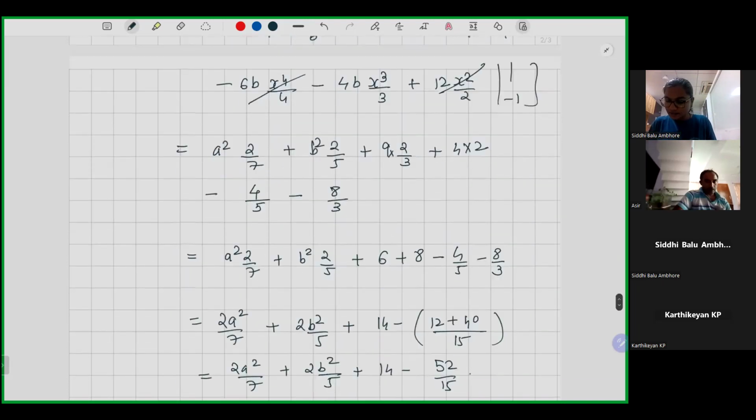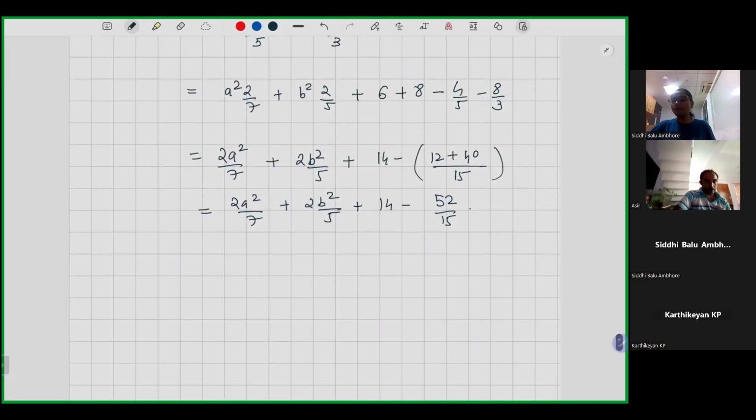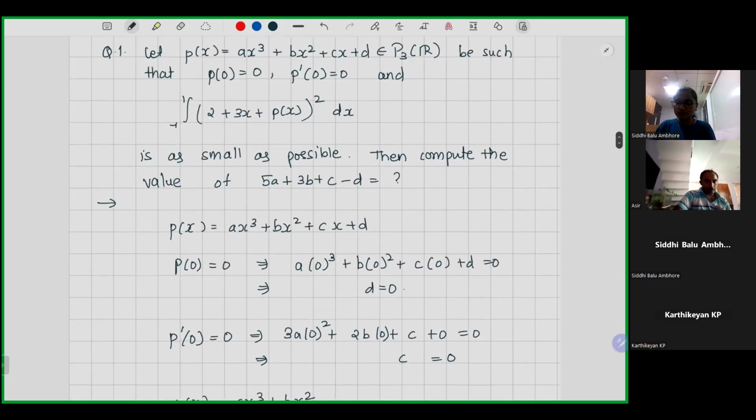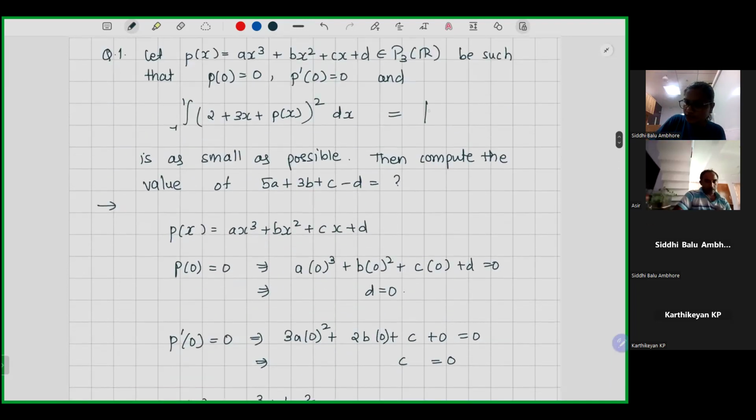And this they're saying is as less as possible. So what does this mean? Since this is a norm of something, this is the inner product of 2 plus 3x plus px, comma 2 plus 3x plus px.